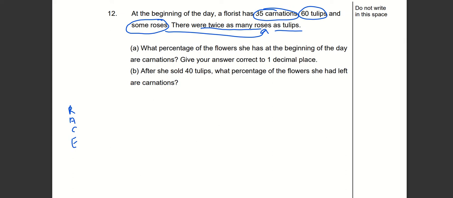If I write it as a note at the side, I have carnations 35, tulips 60, and roses 2 times tulips. So that's the first step already. I can find roses: 2 times 60, that's 120.